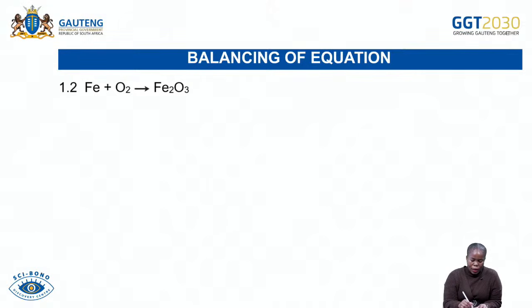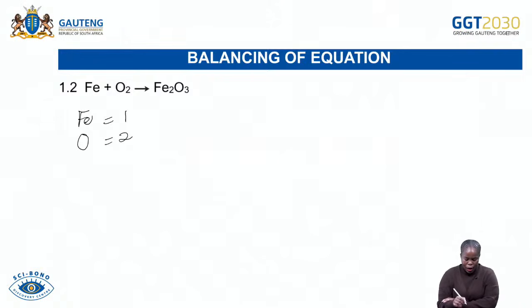We've got iron, 1 atom on the reactants, and then we've got oxygen, there's 2 atoms. But when you look at the product, you've got 2 atoms for iron, and then oxygen you've got 3.